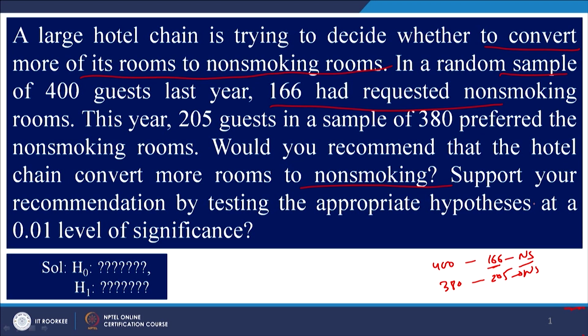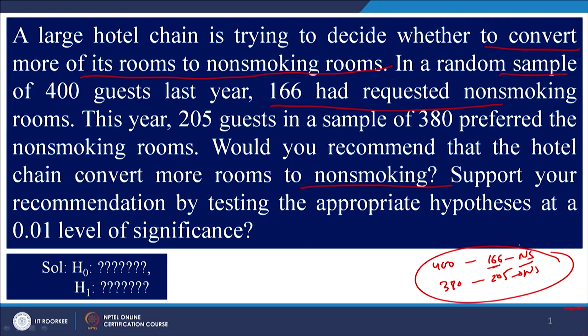This is quite an interesting example, and you should know how to frame the null and alternative hypotheses, because the hotel wants to know whether it should convert its smoking rooms to non-smoking rooms or not. There are different ways in which you can frame them.